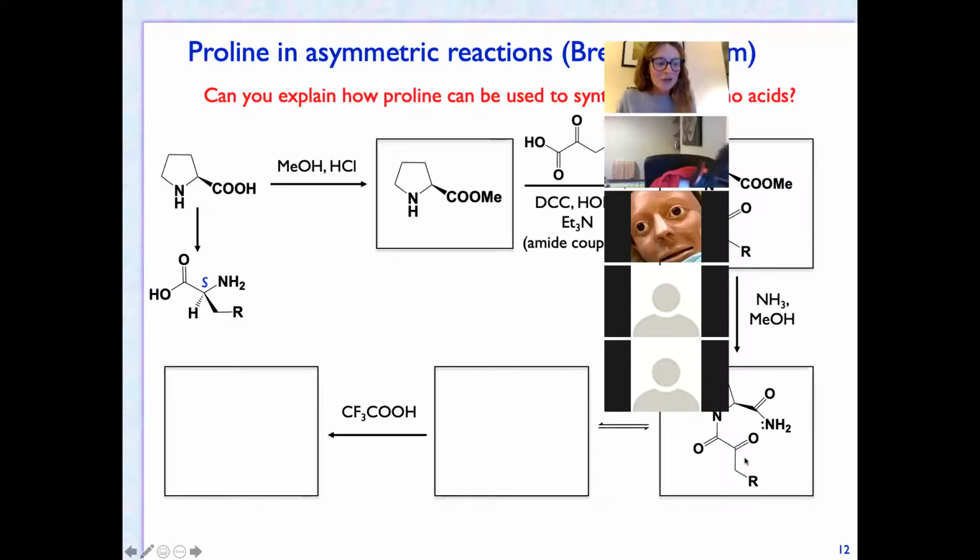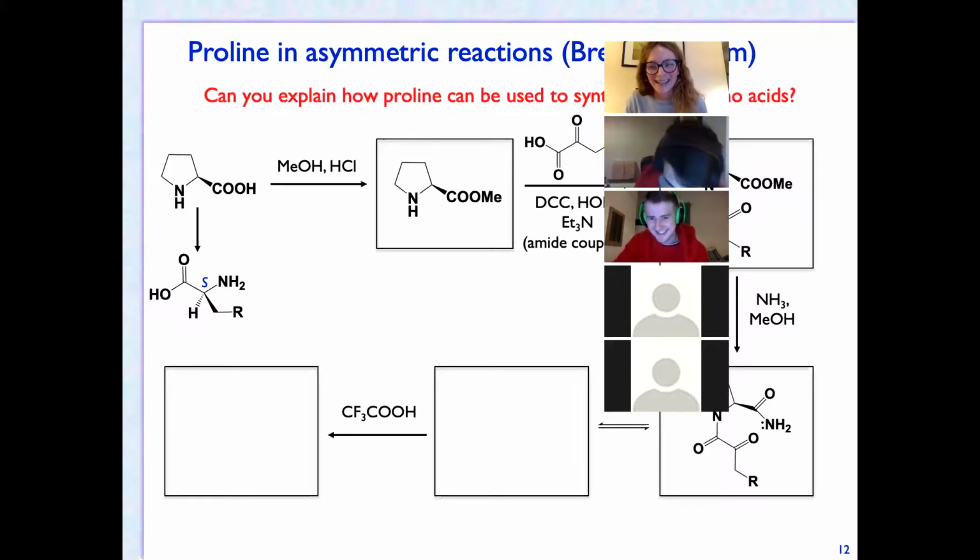We have the formation of this amide, and I have highlighted the lone pair there for you guys. What do you think it may do? Intra. Intra, yes. So I'm guessing a ring forms. So where can it attack?